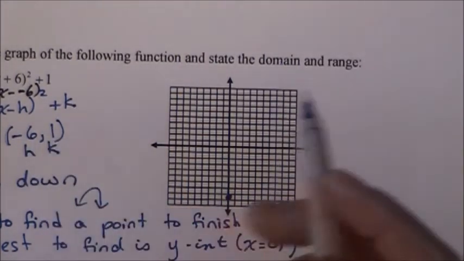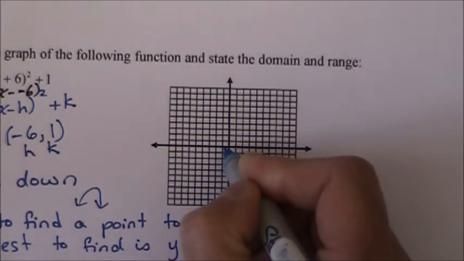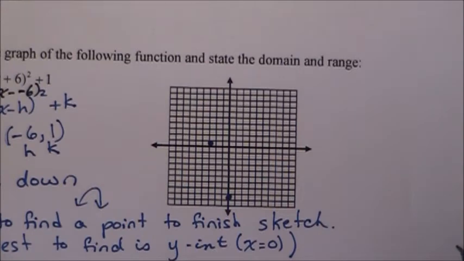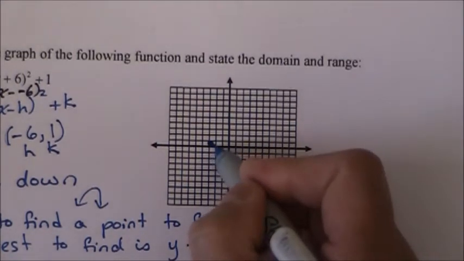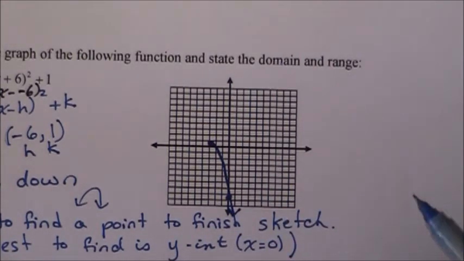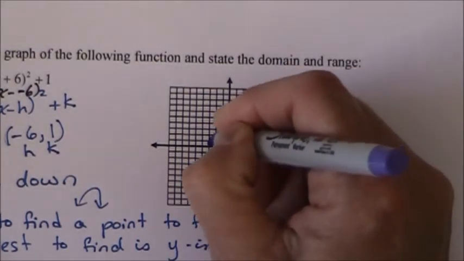So for this point, we're looking at negative 6, so negative 2, negative 4, negative 6, up to 1. So there's our vertex, and so we have our graph going this direction. Now recall, we do have that ability to make a mirror image, so we have one piece. The other side would probably help us if we have a point there.